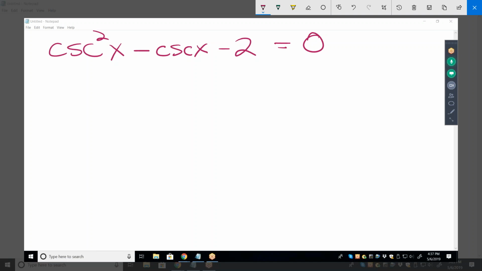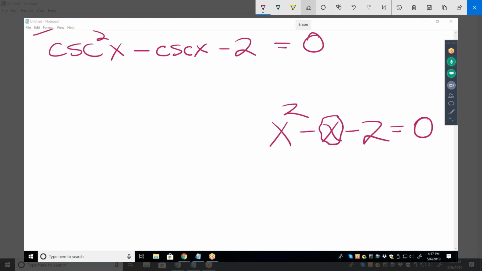If I gave you this down here, this is called a quadratic in x. It's always that middle term. What would this quadratic be called? A quadratic in cosecant x.